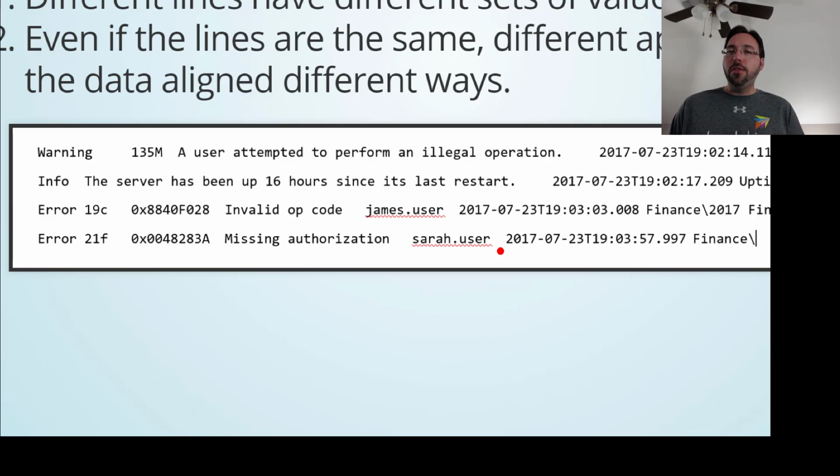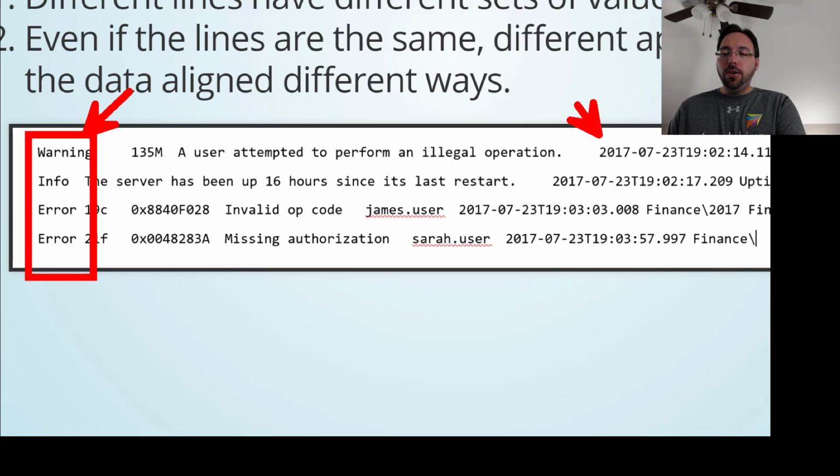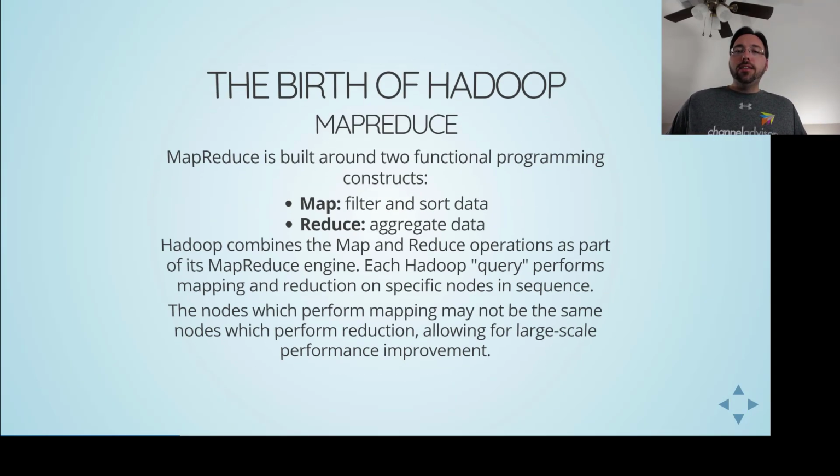Meanwhile, we may have another application running, churning against these same files that just wants to figure out how many warning, info and error messages there are over a time period. So we need to know the time period and we need to know the type of message. There could be other applications also processing this data at the same time. The important point is, when it comes time to process, the developer assigns the structure.